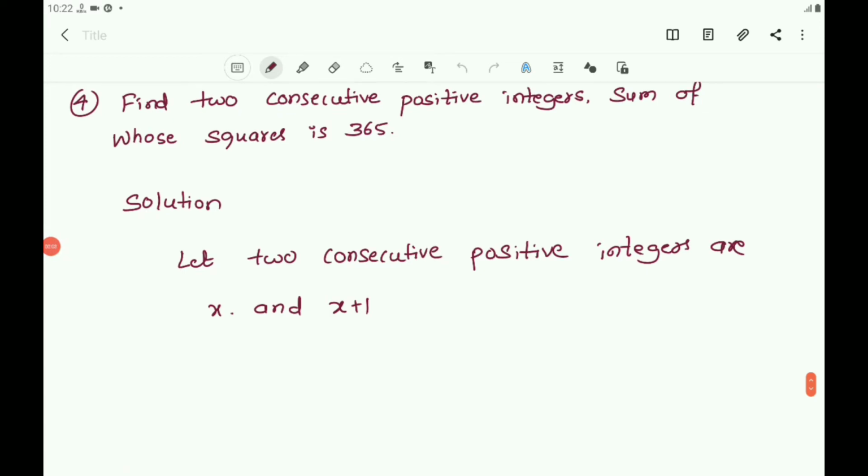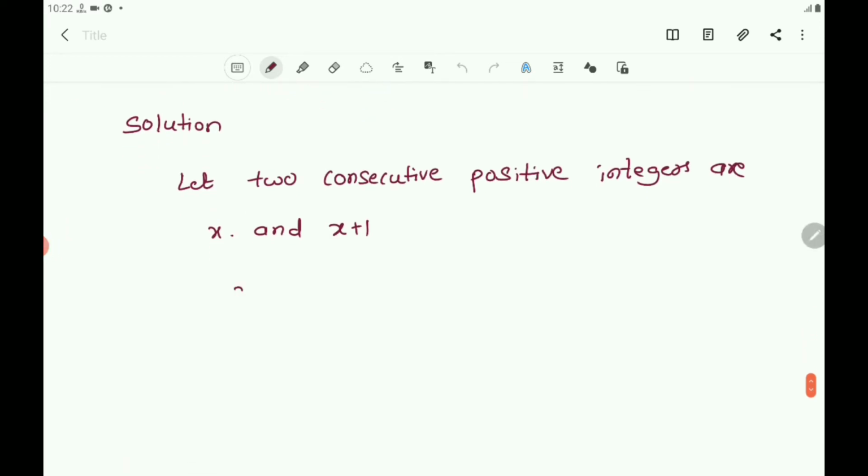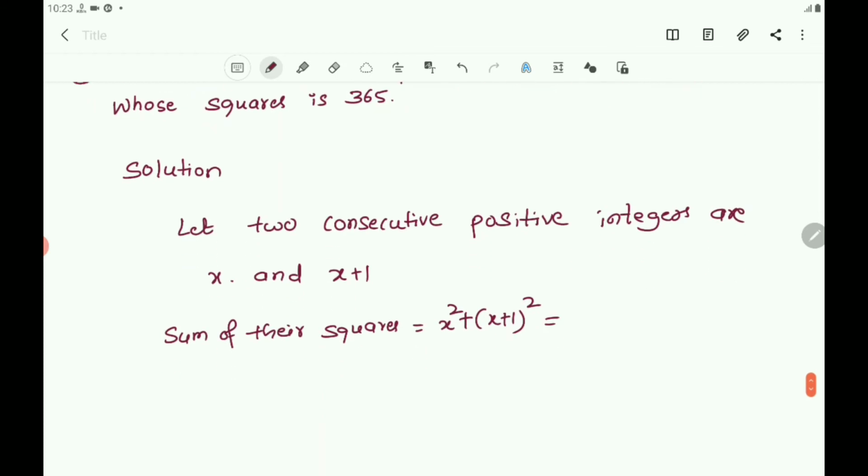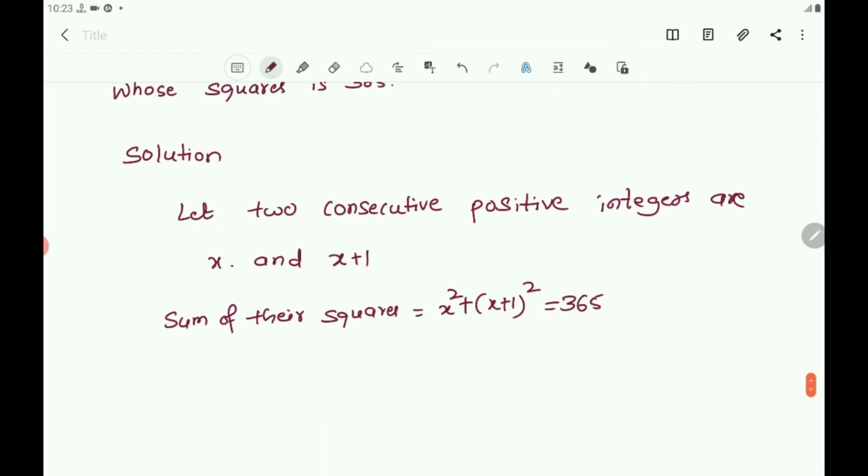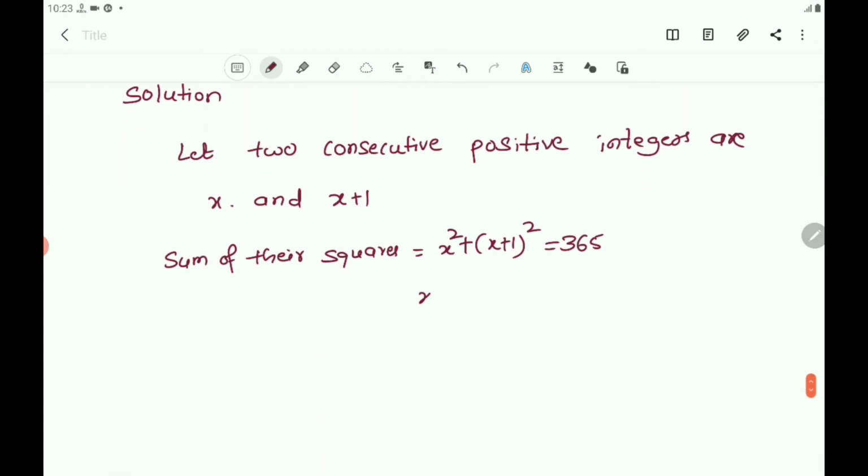Sum of their squares is 365, meaning x square plus (x plus 1) whole square, that is the sum of squares, equals 365. So x square we write as it is, plus (x plus 1) the whole square.